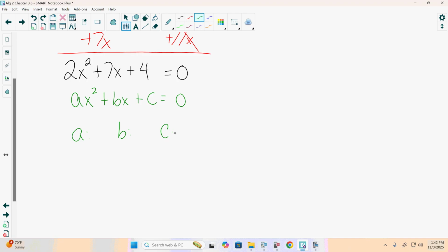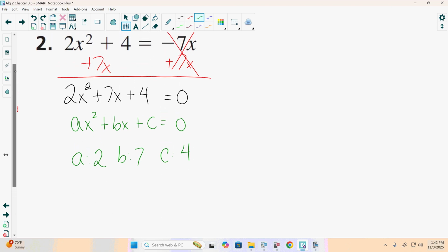So if we look at this here, what would the value of a be? A would be positive 2. B would be positive 7, and C is 4. So A is 2, B is 7, C is 4. And we use those values in our equation.